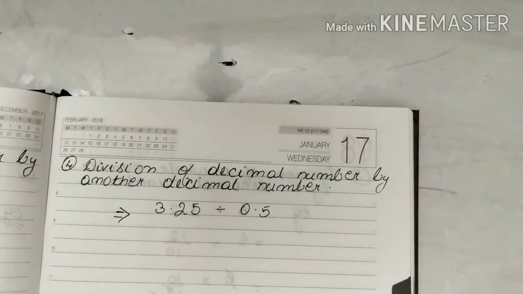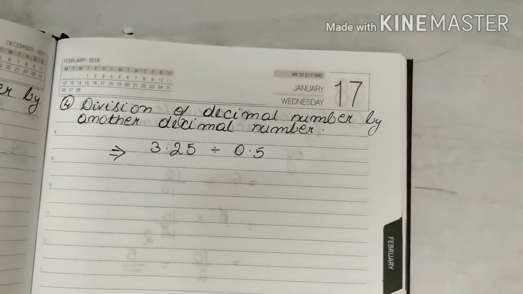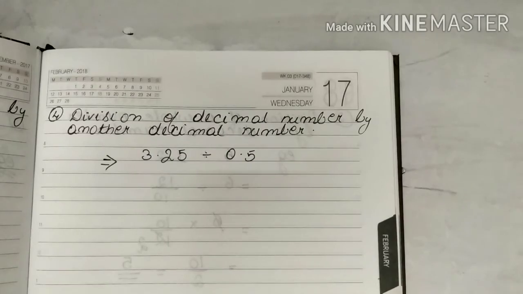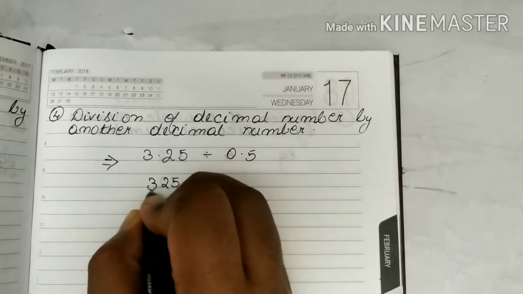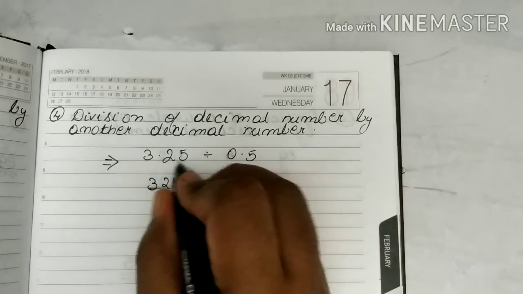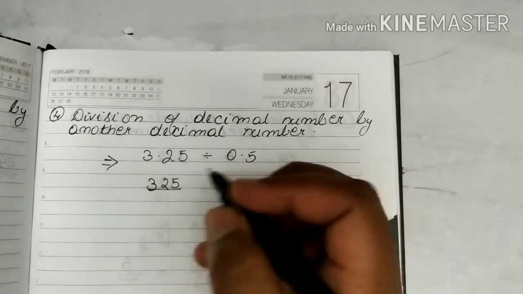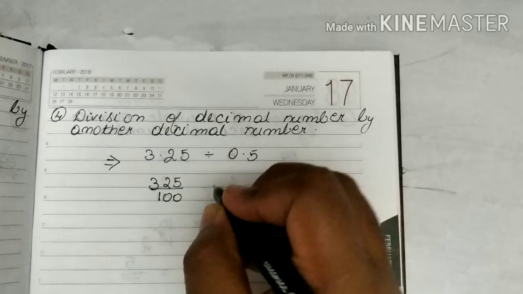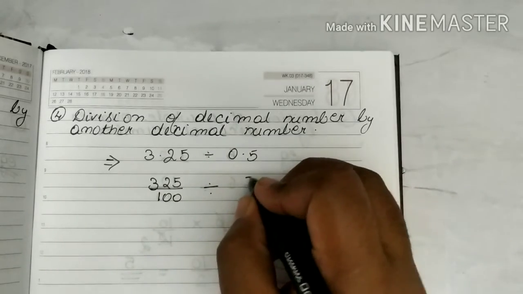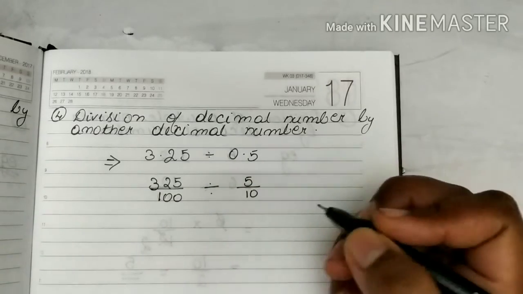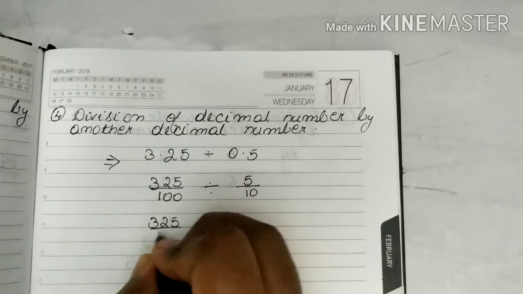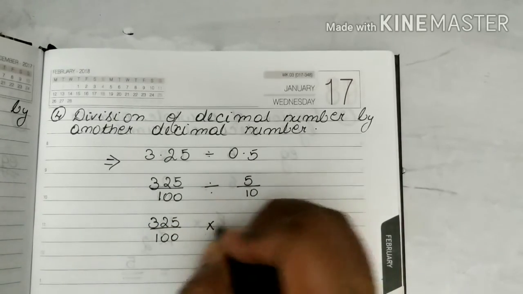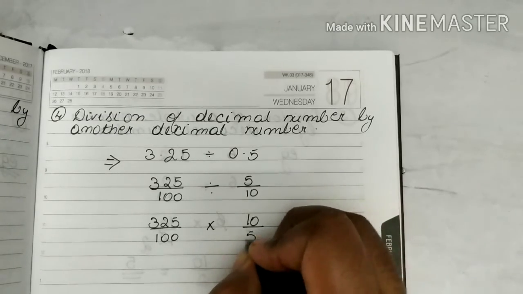In this also, firstly you will have to change the decimal number into fractions. So 325 divided by 100, since there are 2 places after the decimal, divided by 5 divided by 10. Again, 325 divided by 100 into 10 by 5.